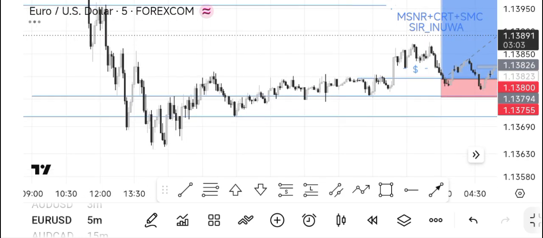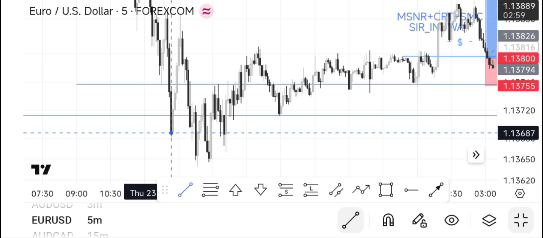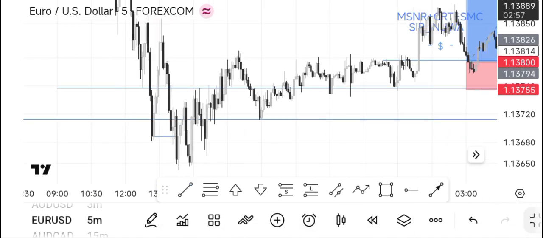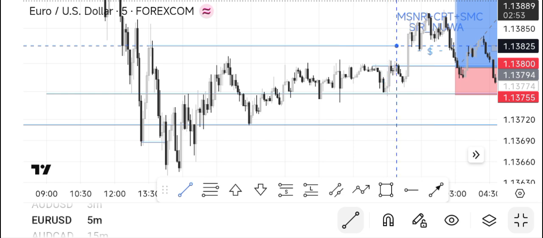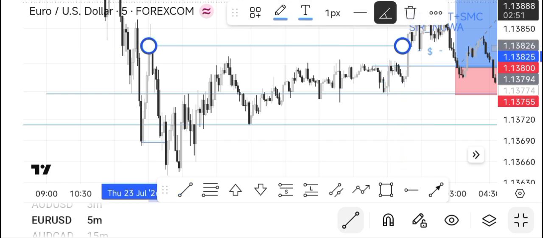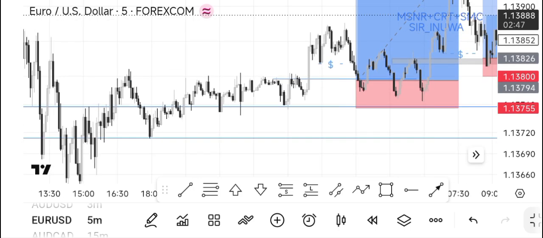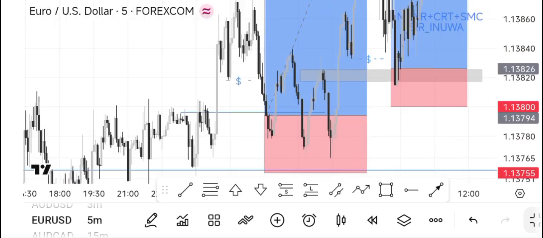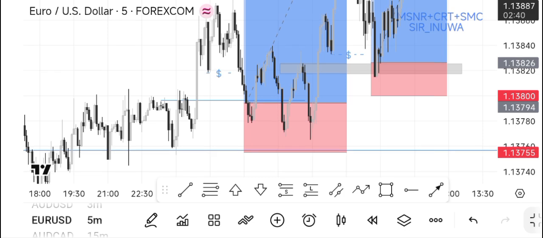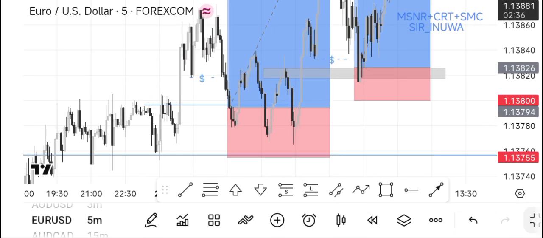Where's my last pullback? My last break of structure was here, right? And where is it changing the character? So the market tells me that I'm going up now, no more bearish, I'm bullish. So that's how I marked this QM.